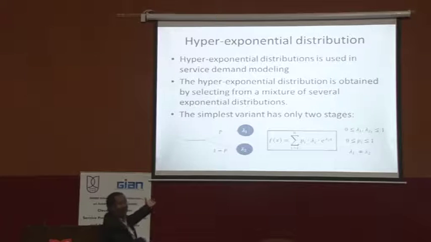For a probability, you will choose this one. With this probability, you choose this one. Okay? And i from 1 to n, you can have many of these. That's basically what this says. You simply multiply, if it is this one, P1 multiplied by lambda 1, and that one.